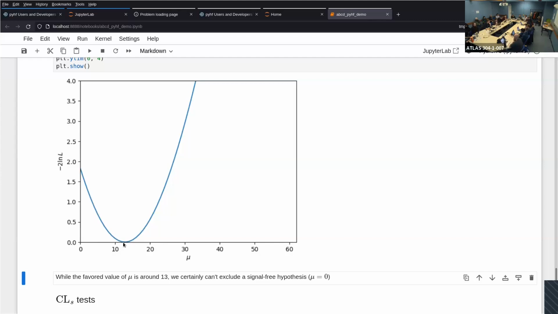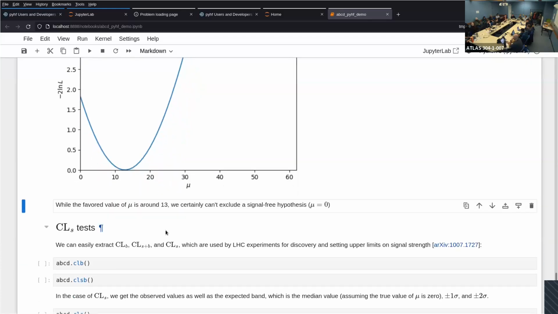Because this is just a toy example, I know exactly how many signal events there really are in this observed data set, and I believe it's around 10. So basically the true underlying signal strength is 10, well within this fit uncertainty. We can exclude very high values of the signal strength, but a signal strength of 0 is still within the fit.